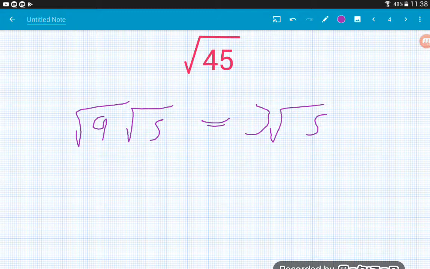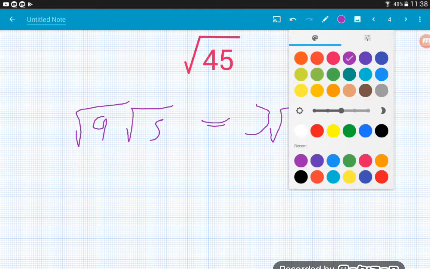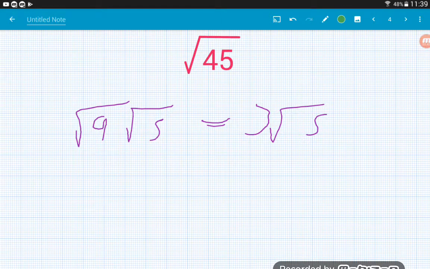If, as I mentioned, we went for, let's change colour to show it's a different method, if we went for root 3 and root 15, then what's going to happen? We've got root 3 times root 15. Now there's nothing that we can do there. 3 and 15, neither one of them are square numbers.